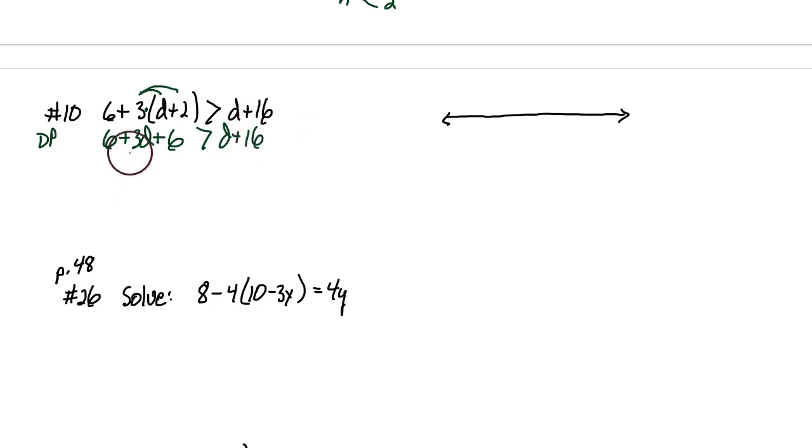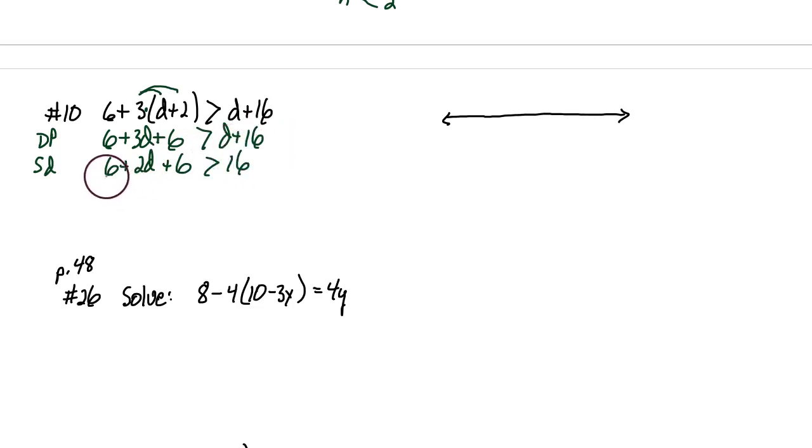The next thing I notice as I look across the entire problem and analyze it is the letter d is on both sides. We don't want that. So let's subtract the d so it's not on the right side. We get 6 plus 2d plus 6 is greater than 16.